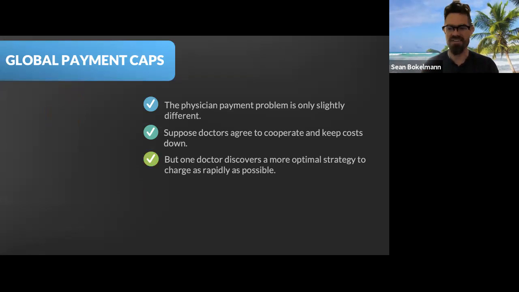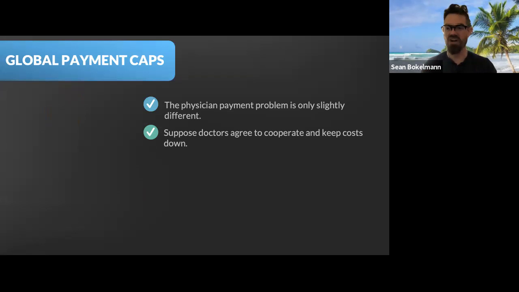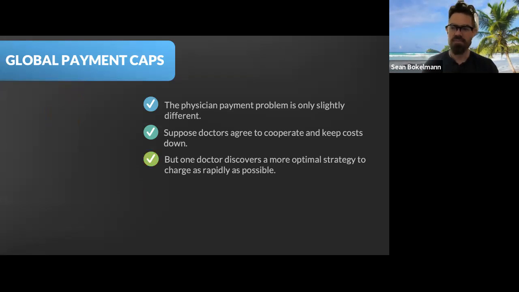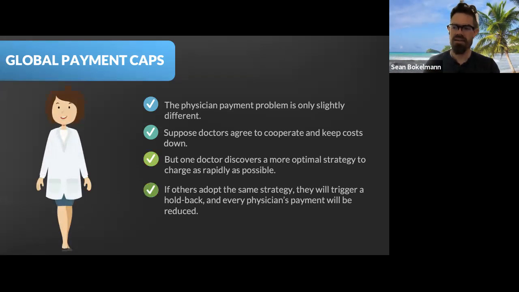But then, right, this is the cooperate strategy, right? Don't snitch on your partner. But then, of course, one doctor discovers that there's actually a better strategy, and that's to charge as quickly as possible. If others also adopt the same strategy, they will trigger this holdback, and every physician's payment will be reduced. Okay, so pretty much just like the prisoner's dilemma.